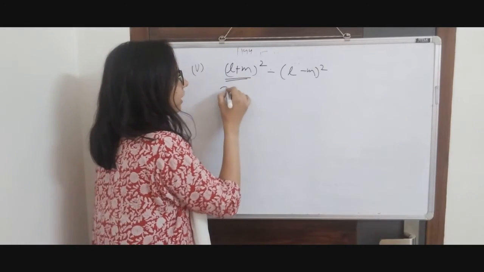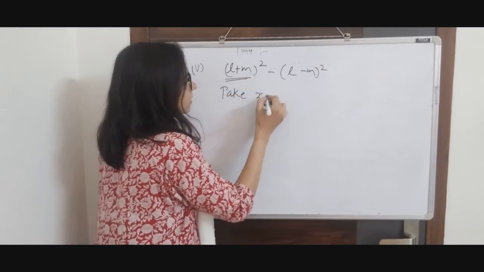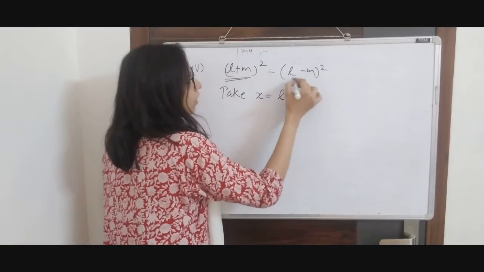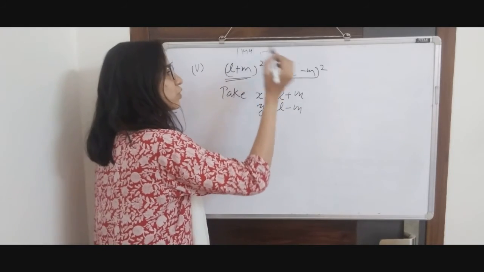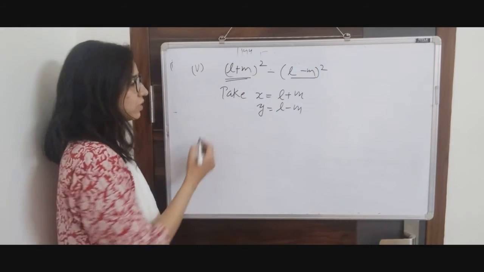If we take x as L plus m and y as L minus m, then this is x square minus y square.